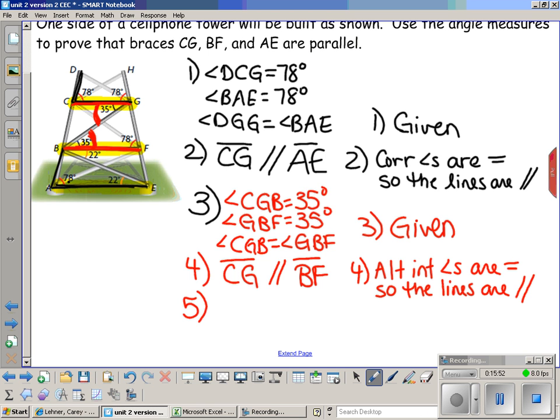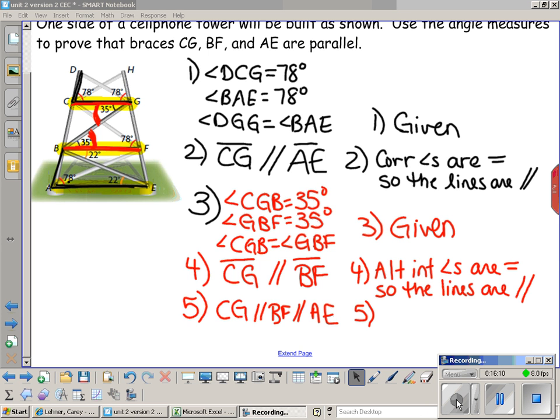And therefore, we can state that CG is parallel to BF, which is parallel to AE. And we can state that because they are all parallel to each other.